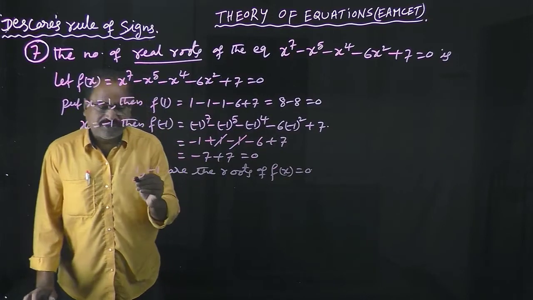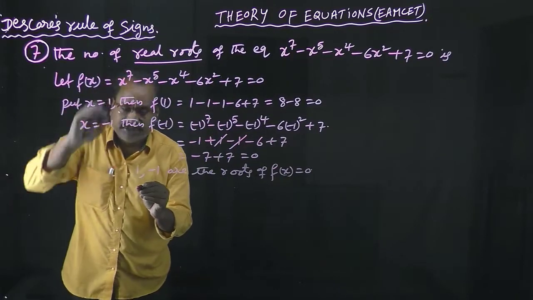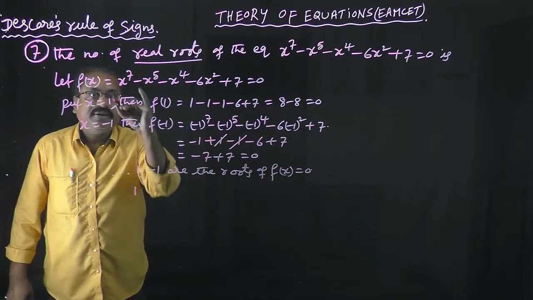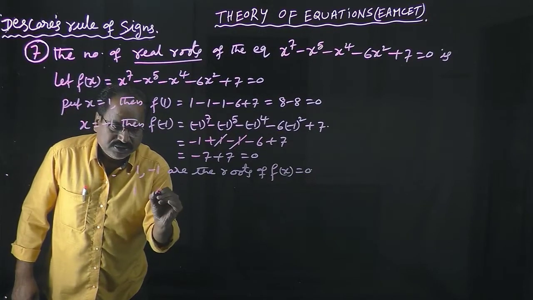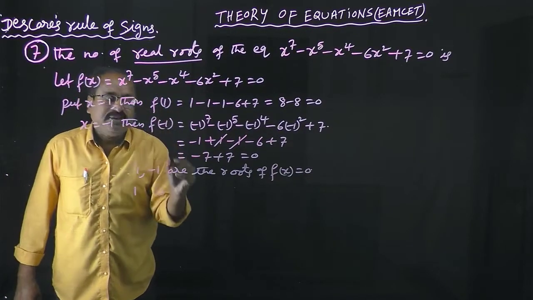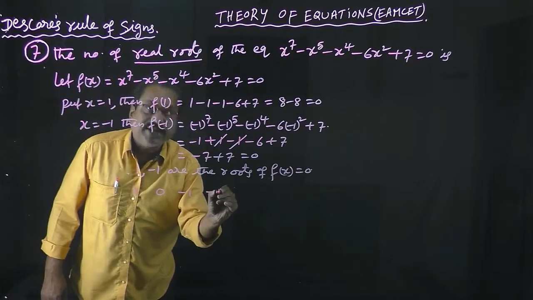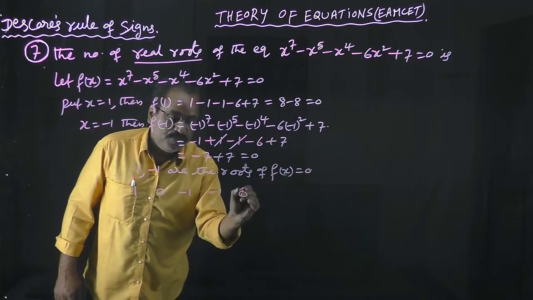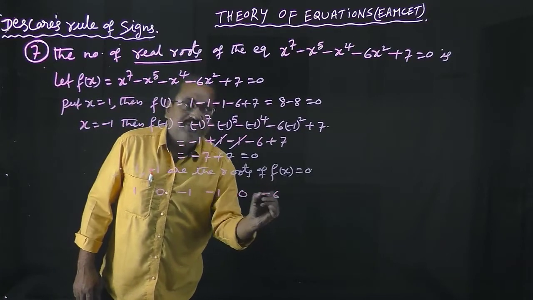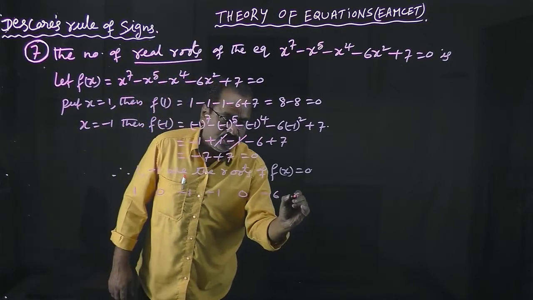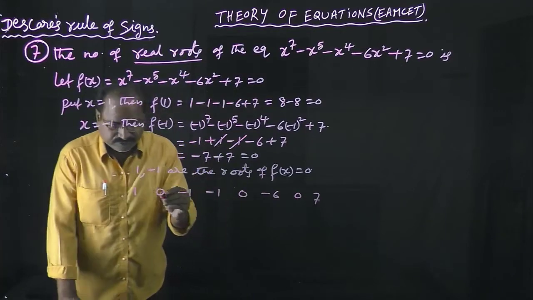Using synthetic division, this is 1 x power 7, 0 x power 6, minus x to the power of 5, minus 1, minus 1, 0, minus 6, 0 and 7.